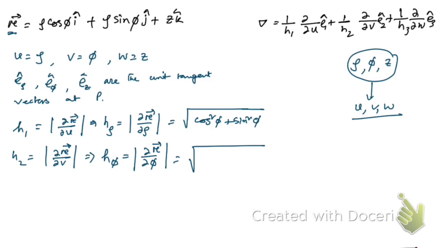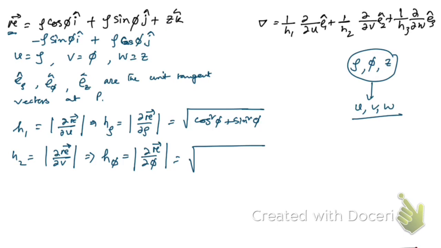If we differentiate with respect to phi, we get minus rho sin phi i cap plus rho cos phi j cap, and the derivative of z is 0 because it is not a function of phi.